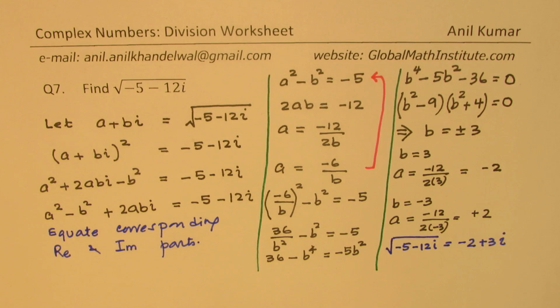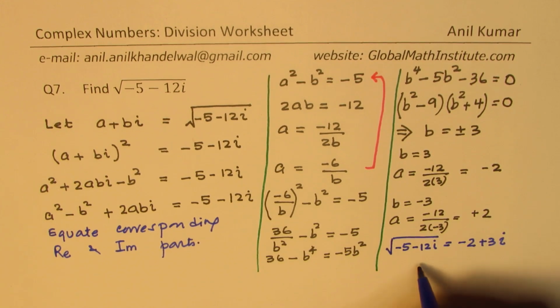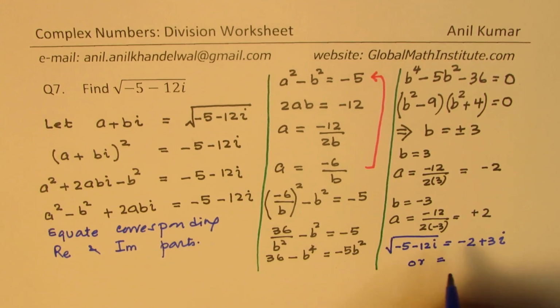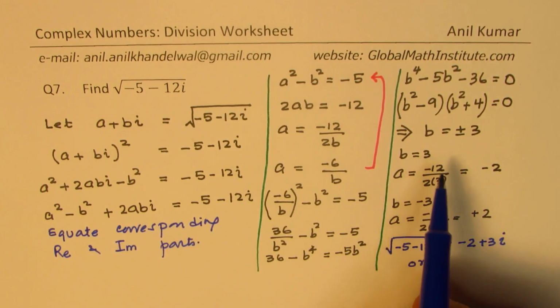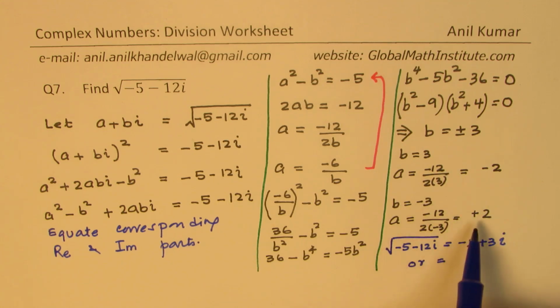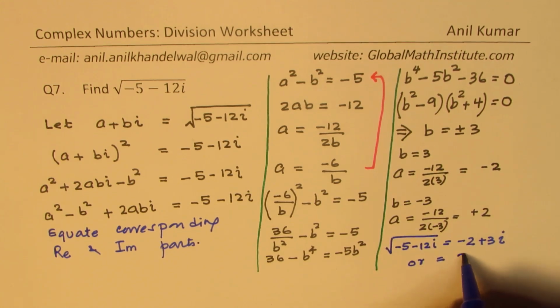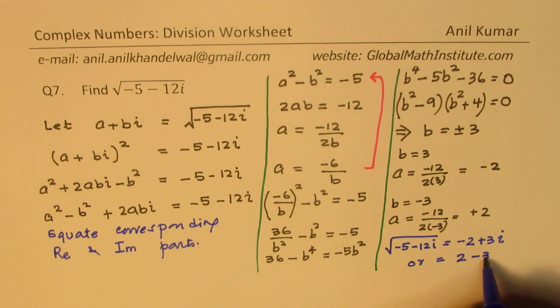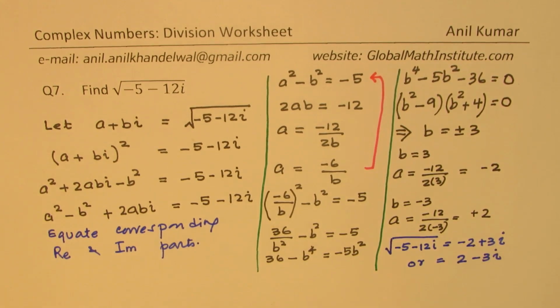The square root of this number is minus 2 plus 3i, or it is also equal to, when we use b as minus 3, then a is 2, so we get 2 minus 3i. So that becomes the solution for the given question.